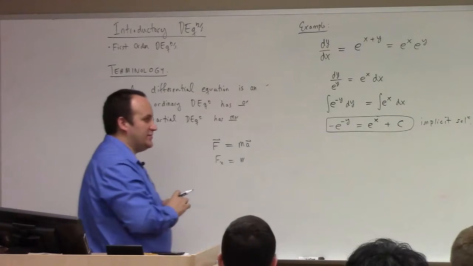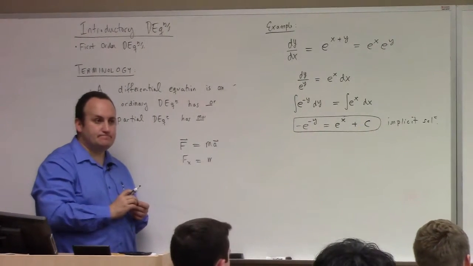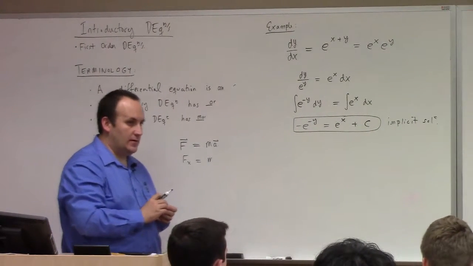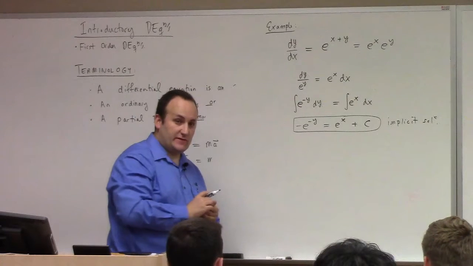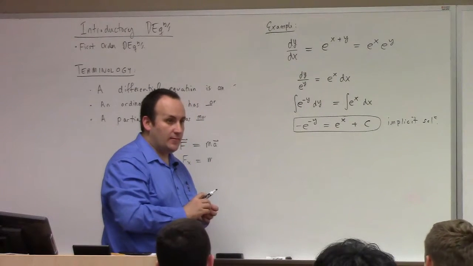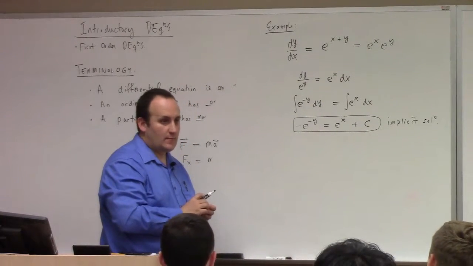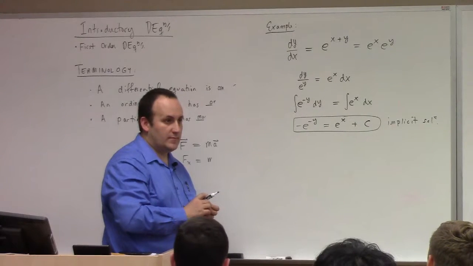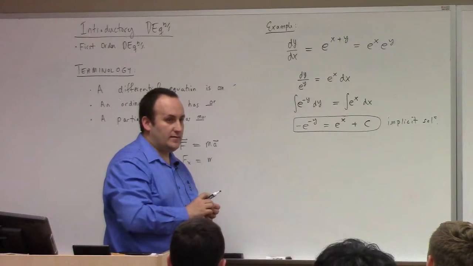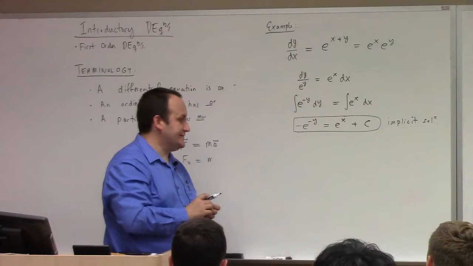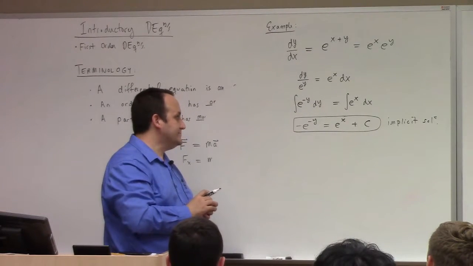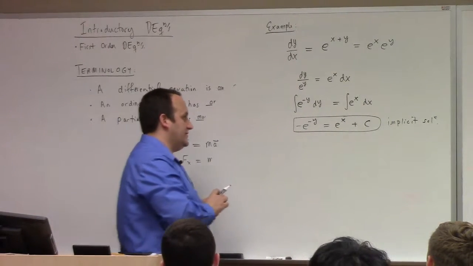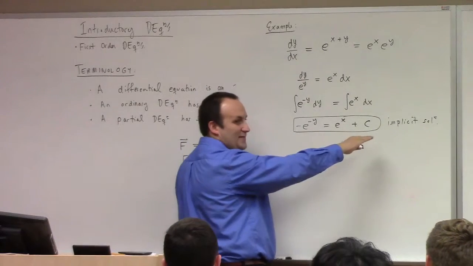Now, can you find the explicit solution here? Right, so just take the natural log of this equation, right? It's negative. Oh man, we can't take the log. Whatever will we do? So what you want to do is multiply by minus 1, right?